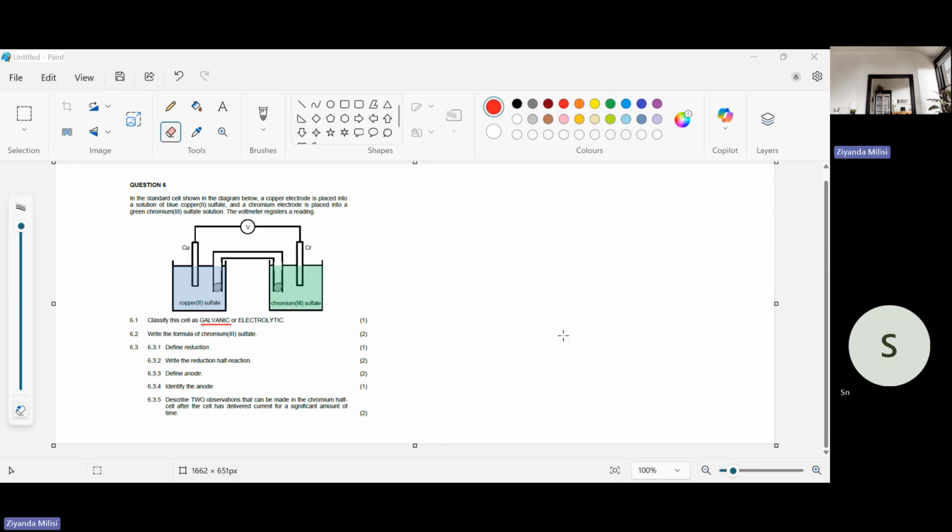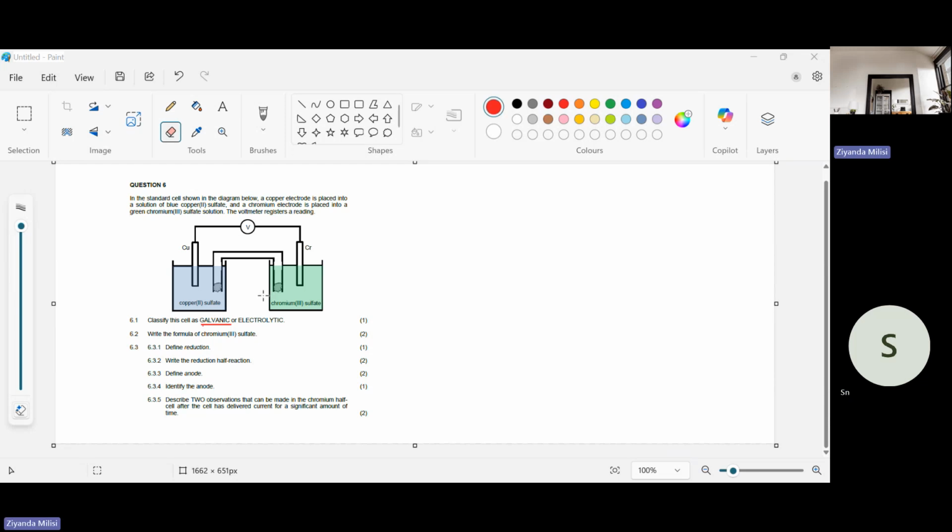I want to bring in the table. It's Cr3 and copper 2, Cu.